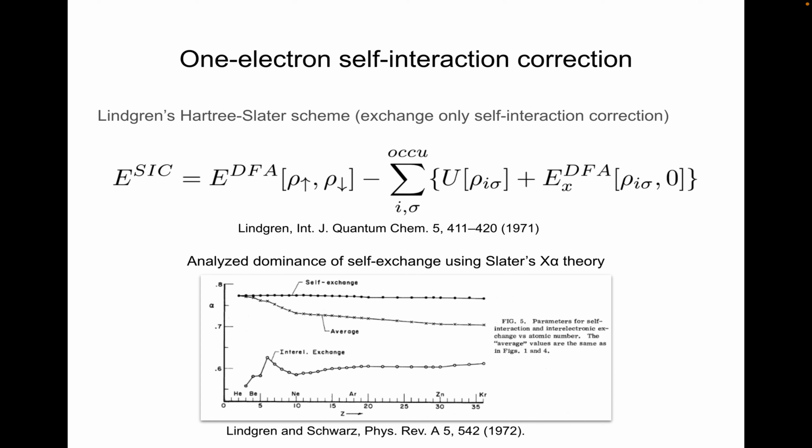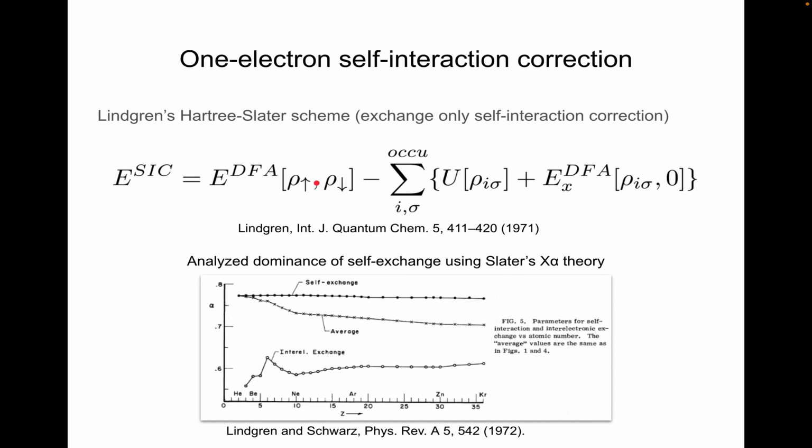The self-interaction correction method has actually existed for a long time. You can go back to the 70s, to the Lindgren articles. In the Lindgren Hartree-Slater scheme, the self-interaction is removed for the self-exchange case from the DFA energies.